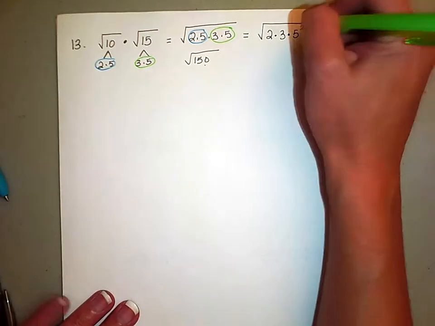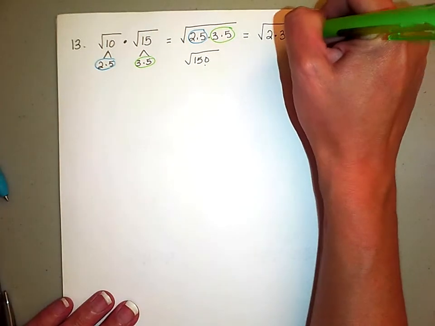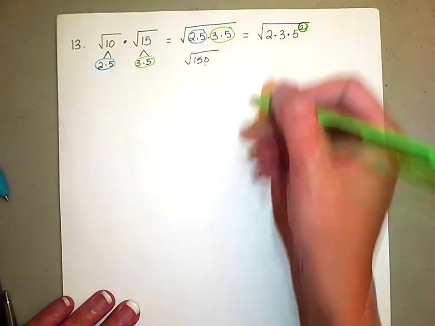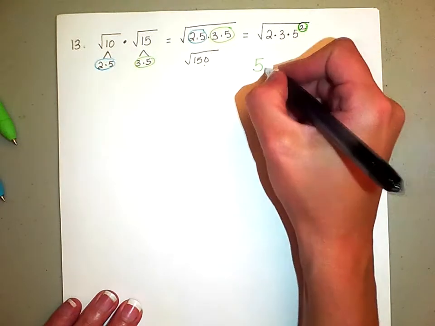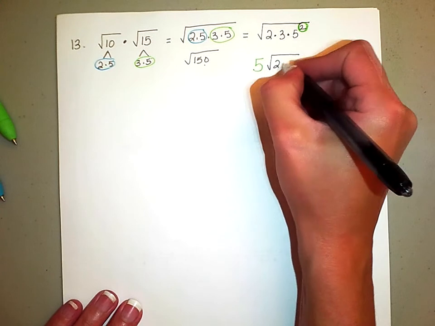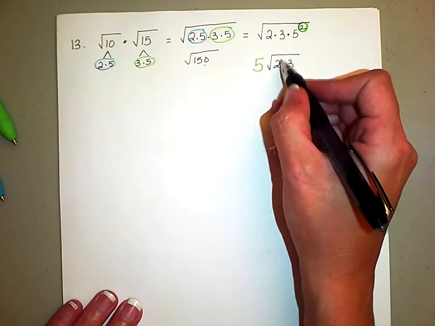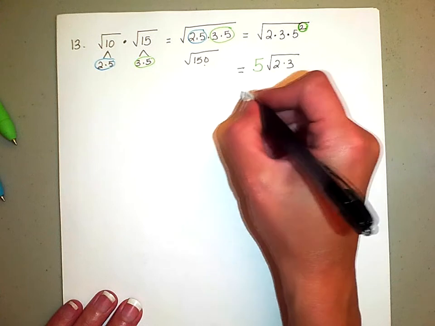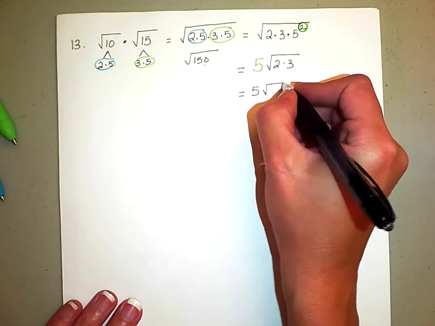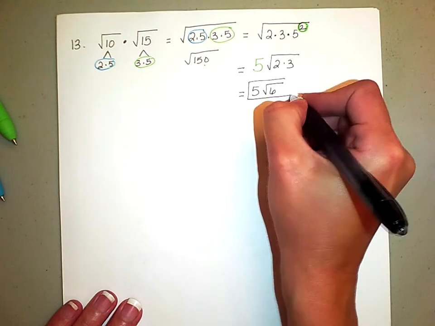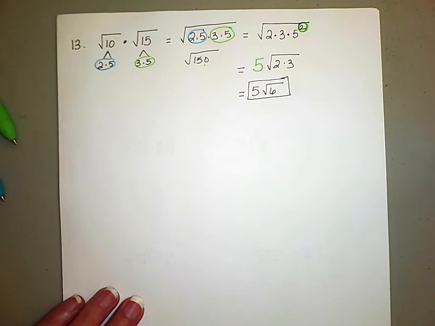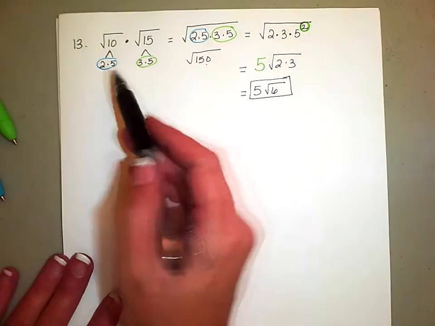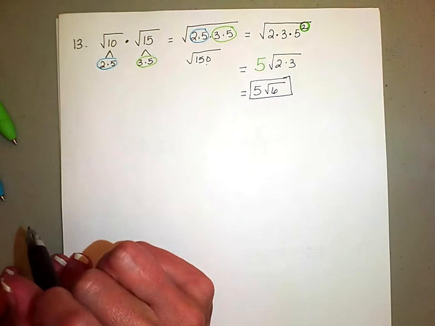From here, we can see then that there are 2 5s. So 2 5s can come out as 1, and we're left with the square root of 2 times 3. They have no pairings. So this is just equal to 5 times the square root of 6. And we did very little multiplication there, less than multiplying 10 and 15.